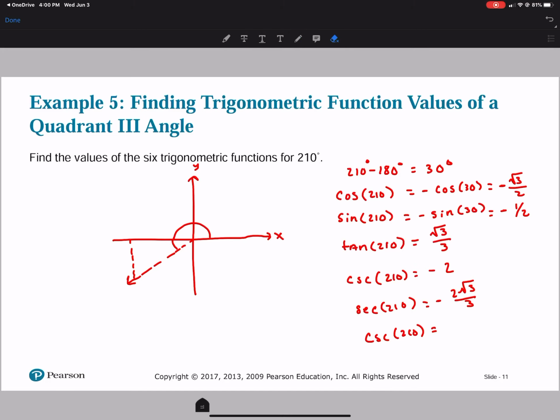And your bottom one is cotangent. Sorry, it should be cotangent. All right. Cotangent is just the flip of the other one. So that'd just be the square root of 3 for the cotangent of 210.